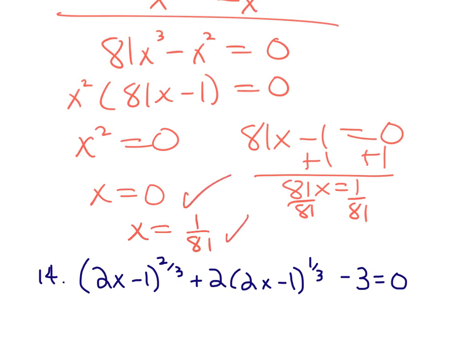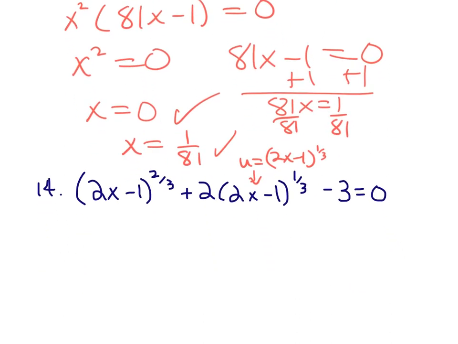Last example, again, a U substitution. I'm going to let U equal the middle term, which is the 2x minus 1 to the 1/3. So right here. So this one becomes U squared plus 2u minus 3 equals 0.